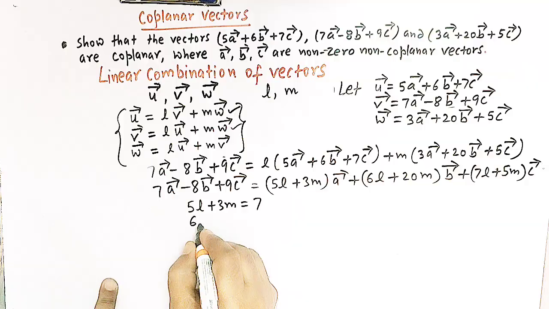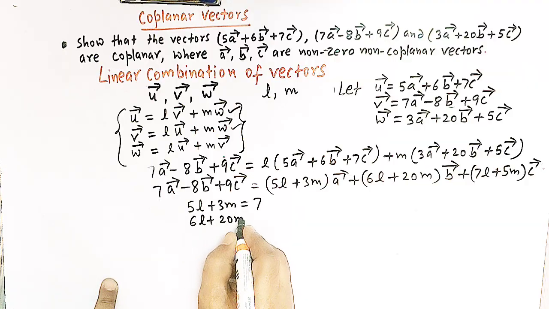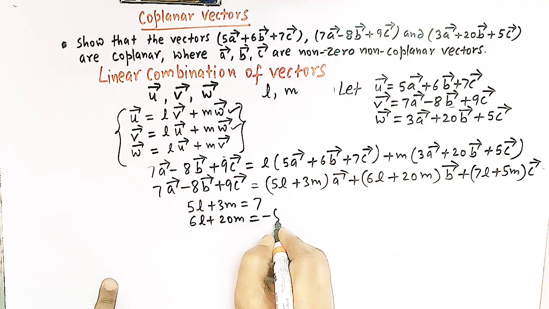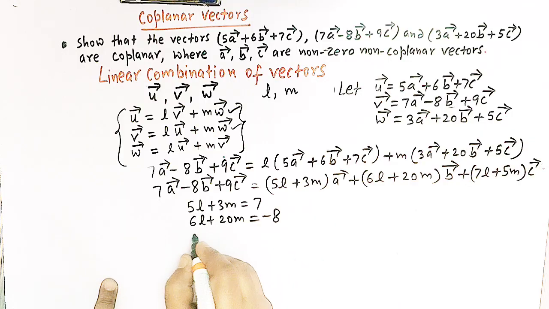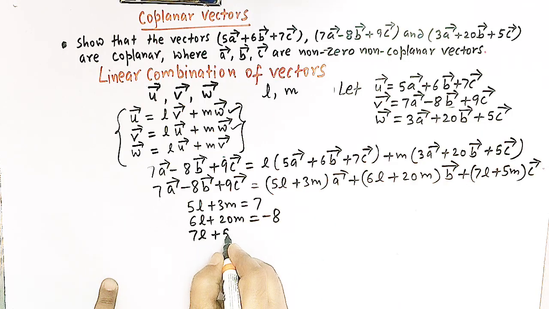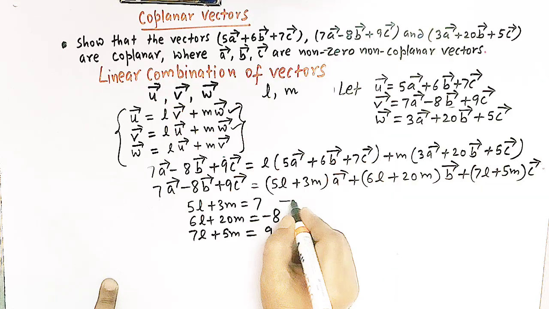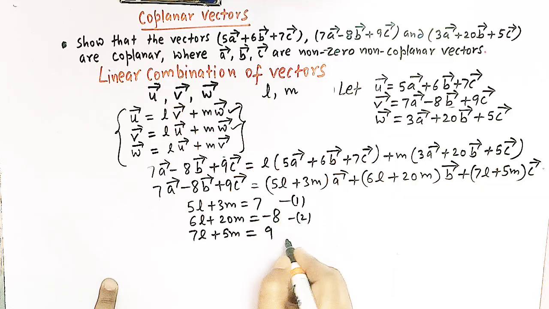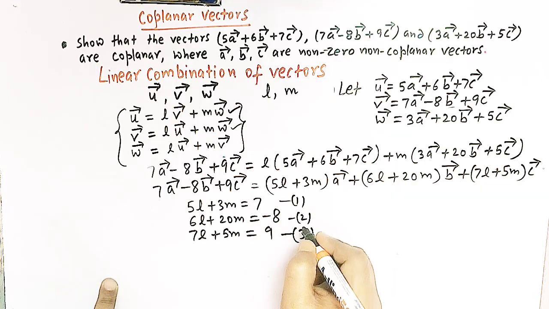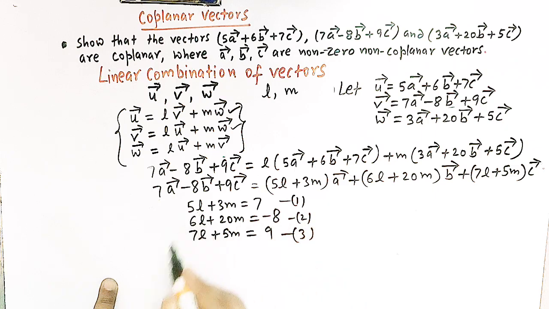Then we have 6L plus 20M is equal to minus 8. And then we have 7L plus 5M is equal to 9, right? So now let us solve equation 1 and 2 to get the values of L and M.